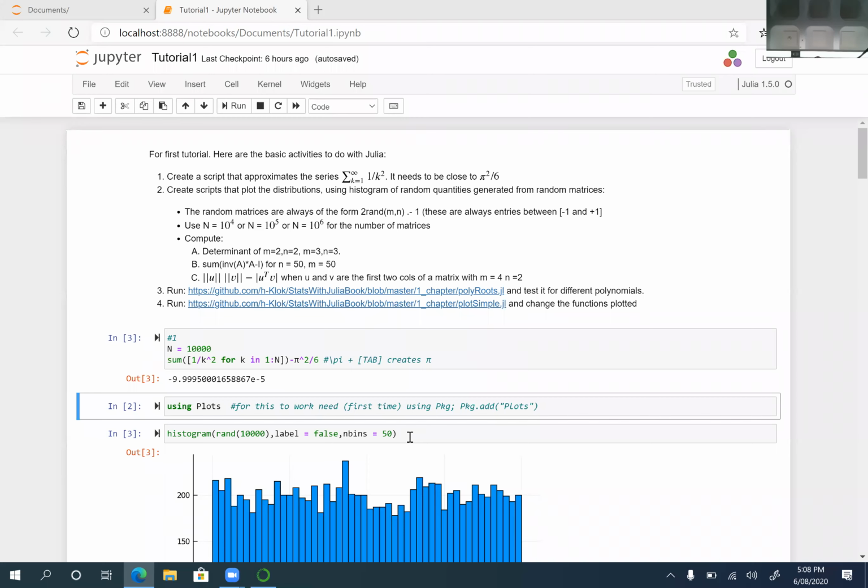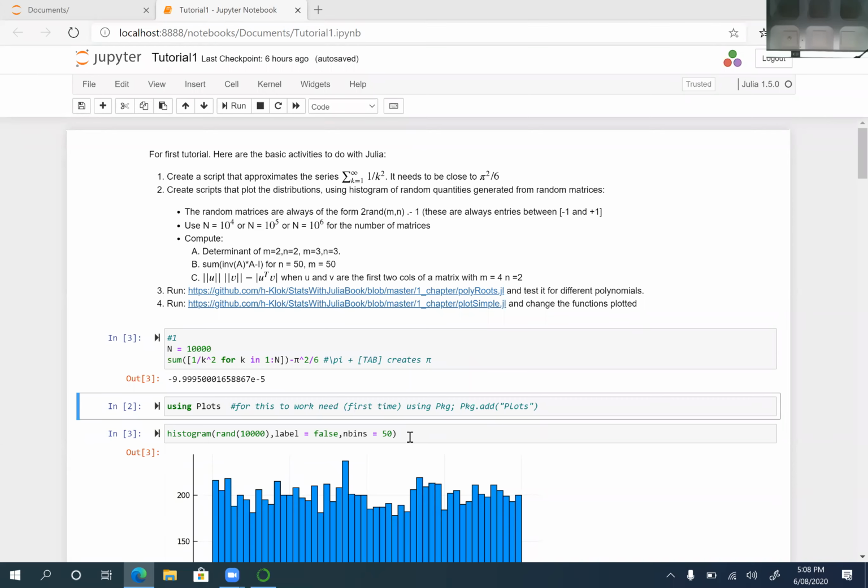We don't have any labels on our axes. And nbins should be how many rectangles we want, right? Because there could be a number of random numbers that fall in a given range. And so if you had more nbins than 50, you would have many, many more rectangles, and you might not like that.